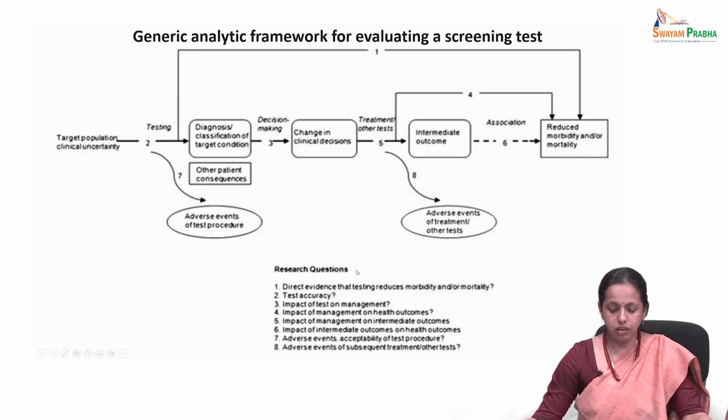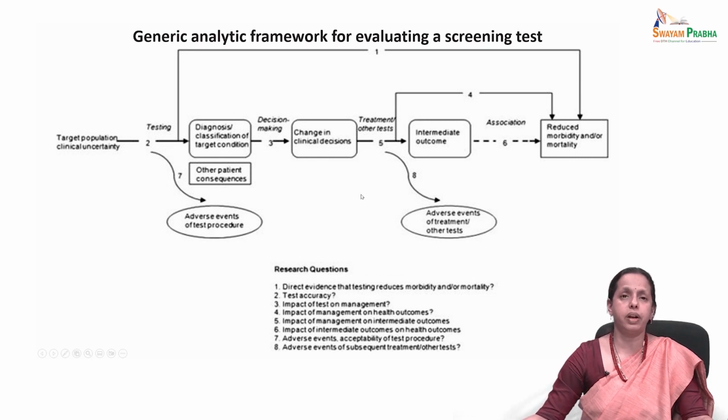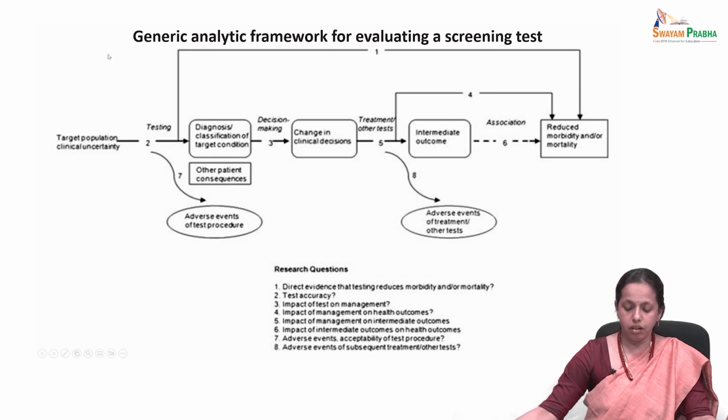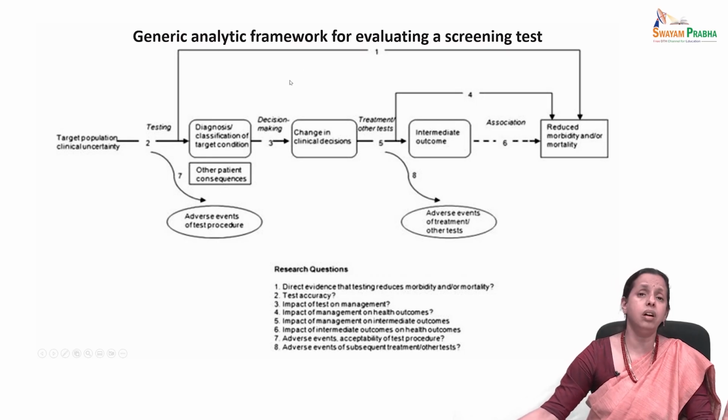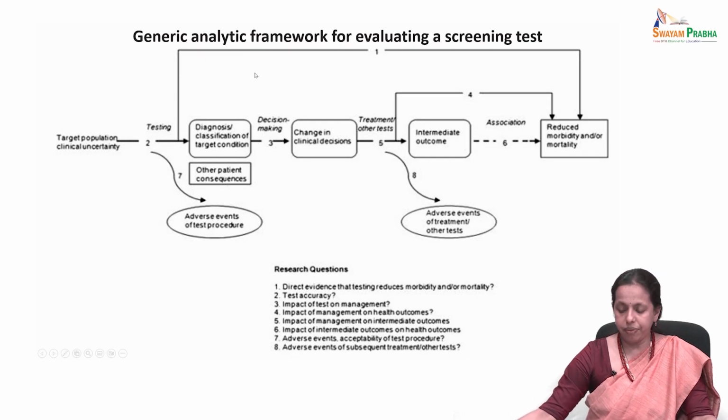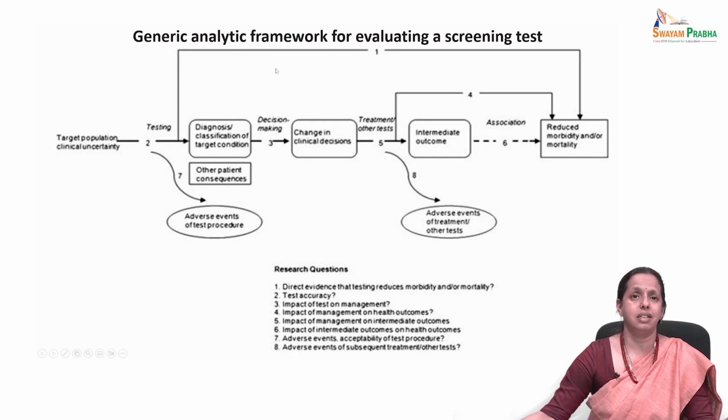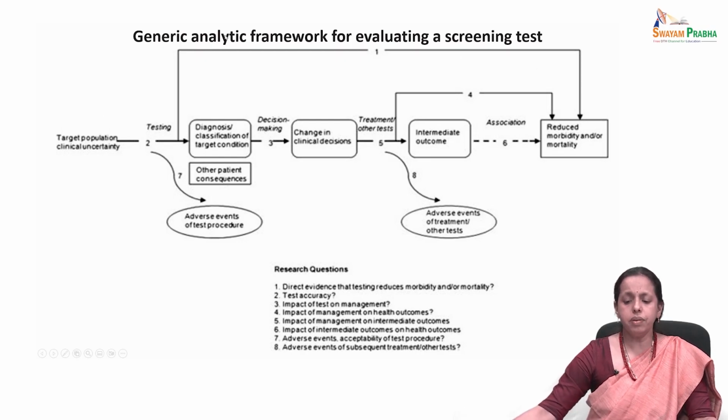Suppose I directly test all women: does it reduce the mortality and morbidity for cervical cancer? This is my number 1 question which I have to ask here, before I evaluate a screening test.